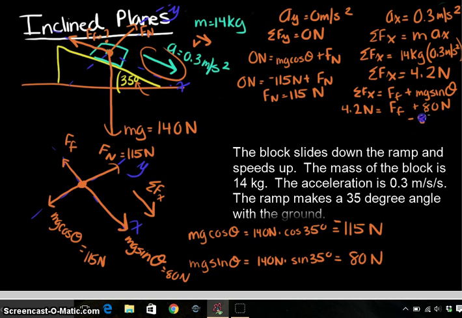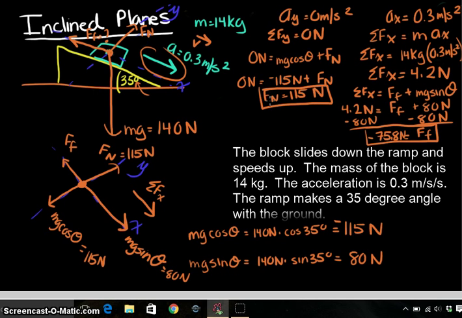So if I subtract 80 newtons from both sides, I can get our frictional force. And that'll be negative 75.8 for our frictional force. So we found our frictional force, we found our normal force.